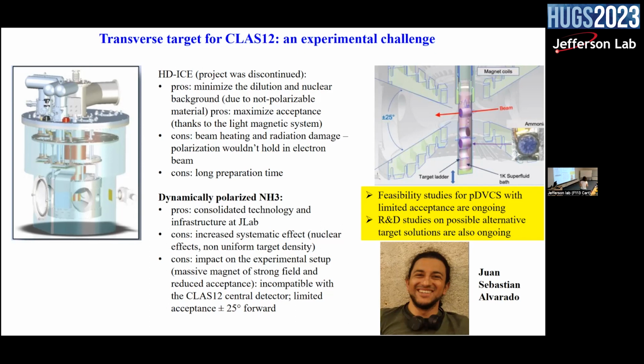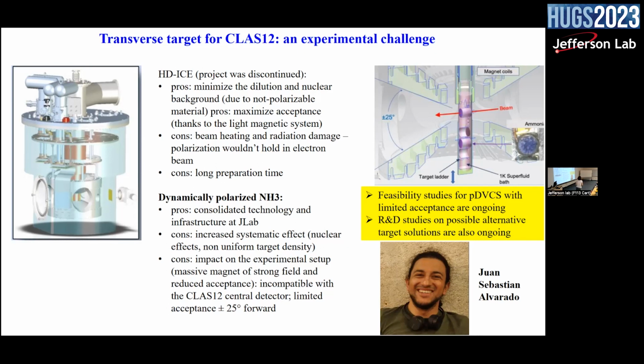So this project was discontinued, and a concept that is already used in the other polarized target experiment here at JLab, which is the dynamically polarized NH3, has been brought up as an alternative for the transverse target of CLAS12.